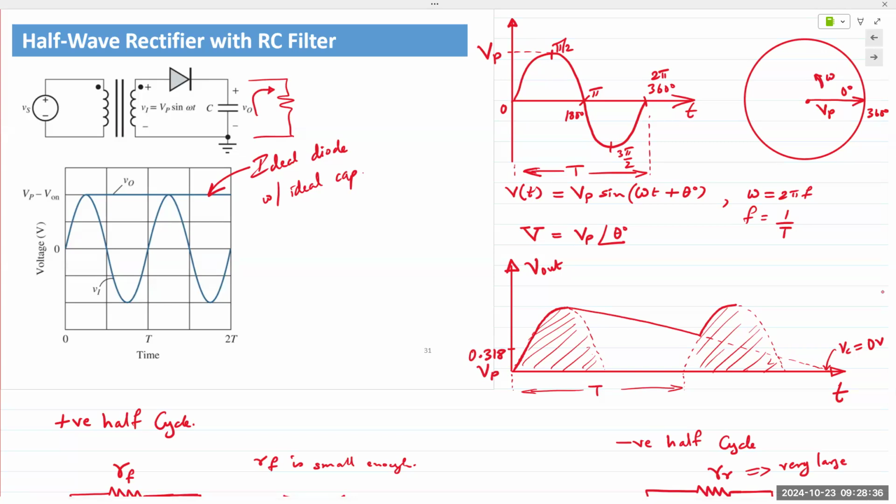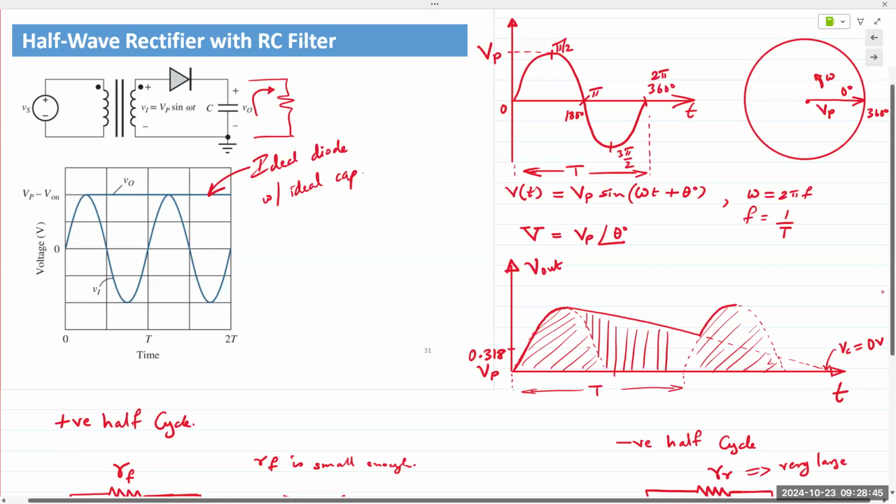But now, in the empty spot, which is right here, the area under the curve has become larger because the capacitor is supplying its stored energy. That energy is coming from the capacitor. It is not coming from the input signal. The input signal has turned the diode off, so it's not reaching the output.